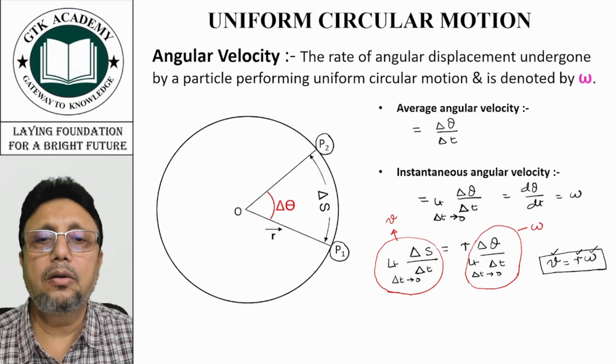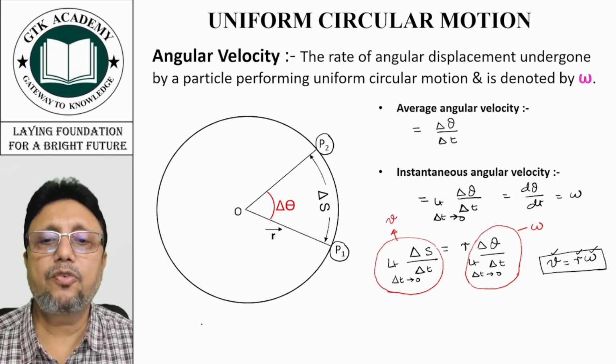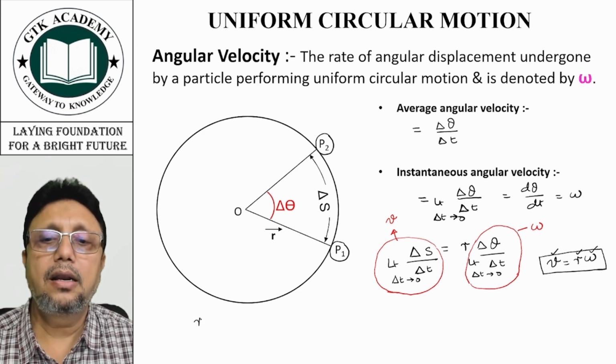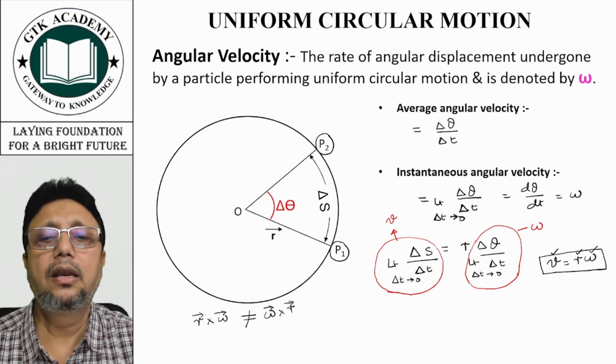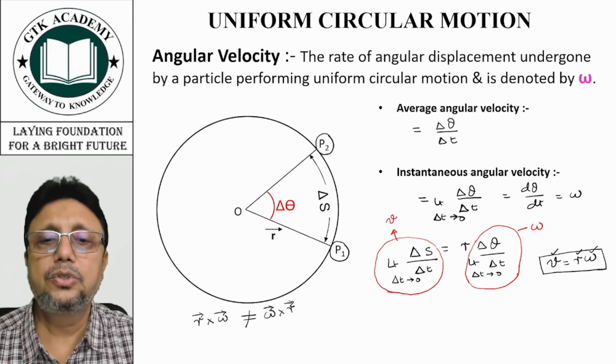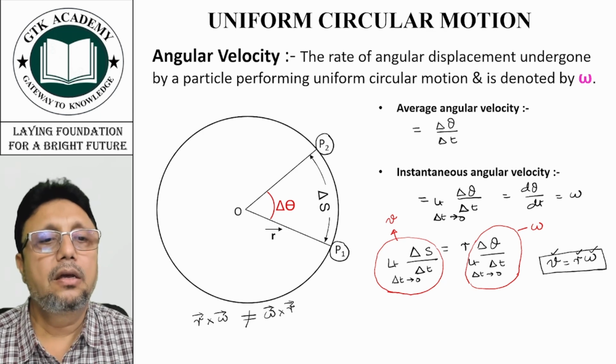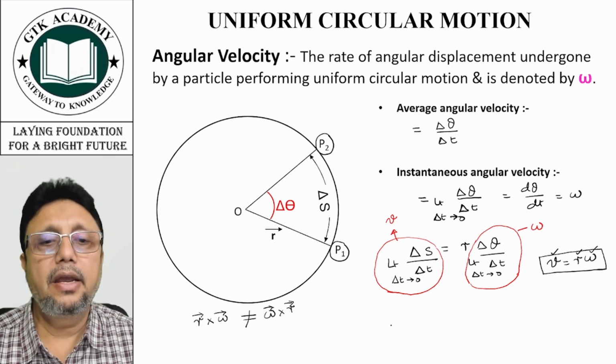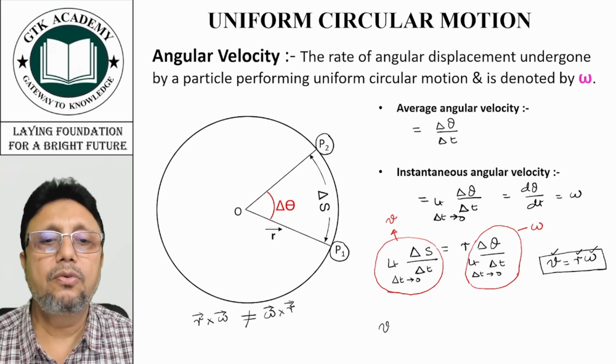Now you all must be knowing that in case of cross product, r cross omega and omega cross r, they are different things. They are not equal. So we have to see whether it is r cross omega or omega cross r. Here in vectorial form, if we write, then we write v is equal to omega cross r.